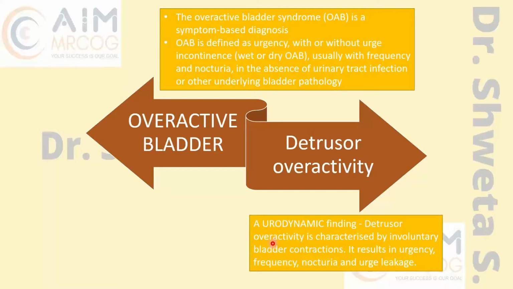Ideally there shouldn't be any contraction of the detrusor while filling. So a filling detrusor contraction is what detrusor overactivity is. And ultimately it will lead to urgency, frequency, nocturia, and urge leakage. So these two things you have to understand. One is a clinical and one is a urodynamic diagnosis.